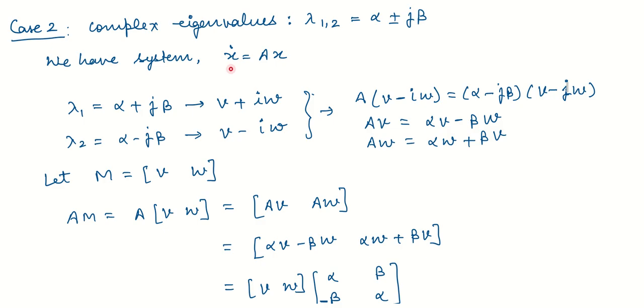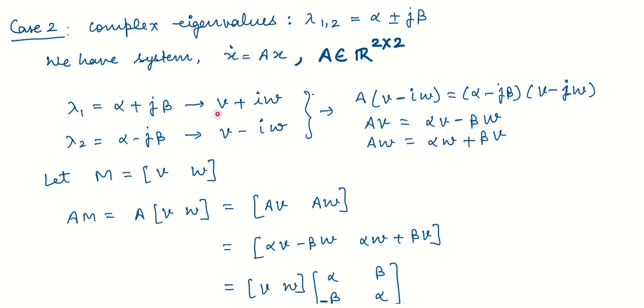So let's say we have a system x dot is equal to Ax. For now, I'm considering that A is a 2 cross 2 matrix. And the eigenvalues are alpha plus j beta, alpha minus j beta.